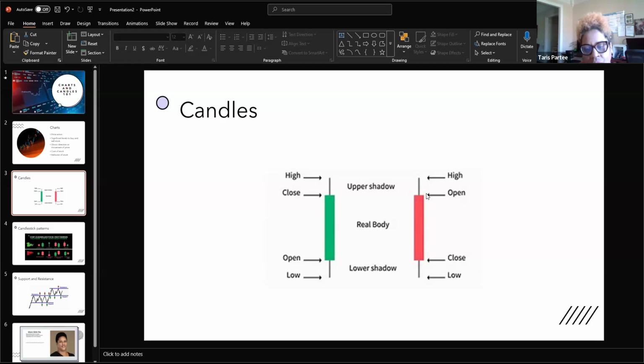On the red candle, it opens up but closes down. Let's say you have a green candle and the green candle closed and the very next candle is a down candle. Well, that's because the green candle just closed right here. So when the red candle opens, it pushes down and it closes down.